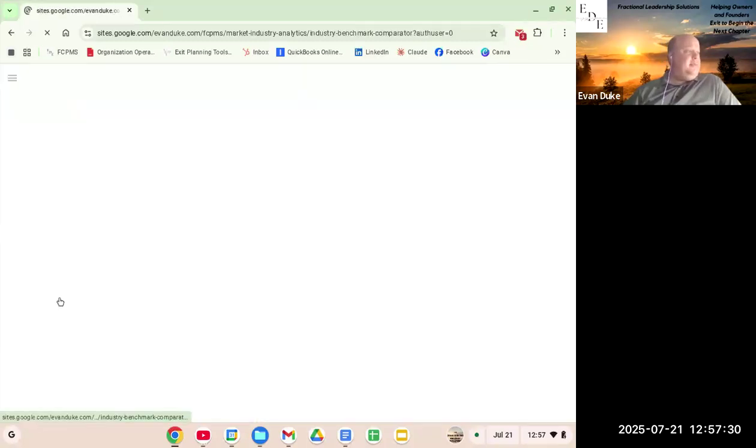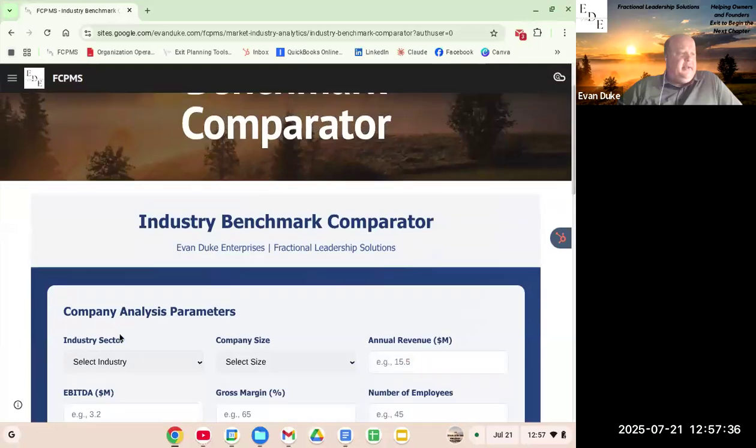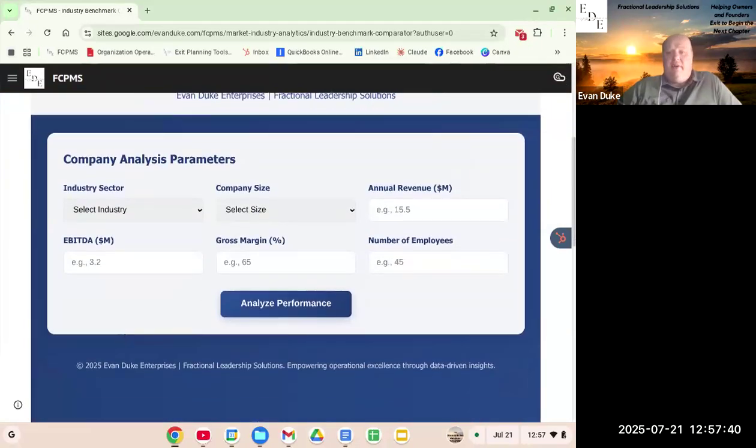Industry benchmark comparator. With this, we're trying to gain some valuable intelligence on how we stack up against the rest of the industry, and these numbers are the areas we're going to look at.